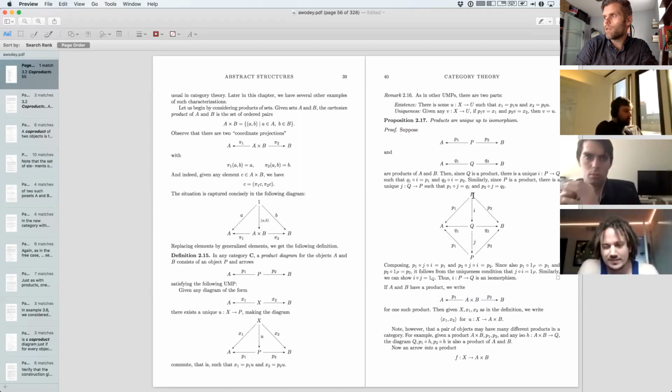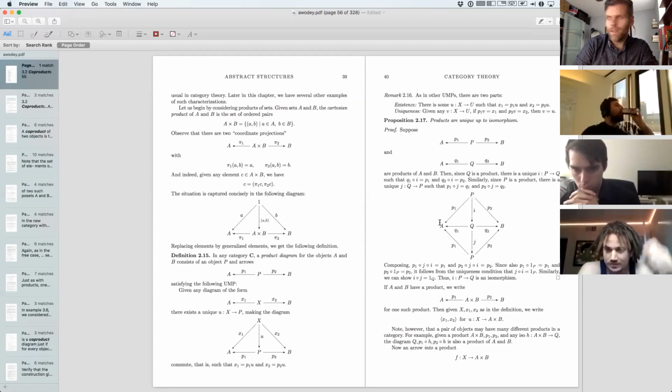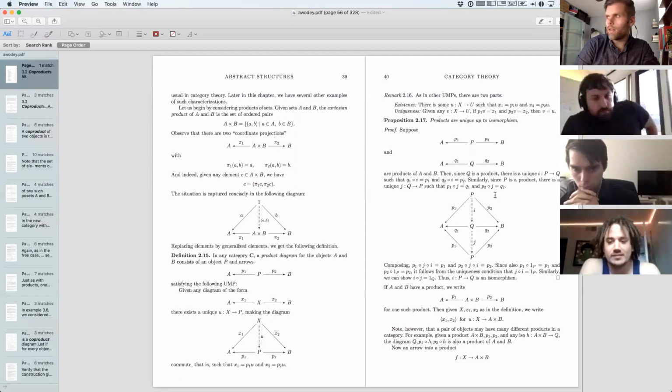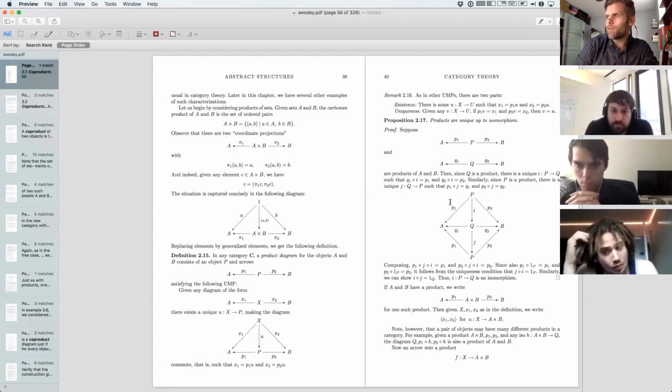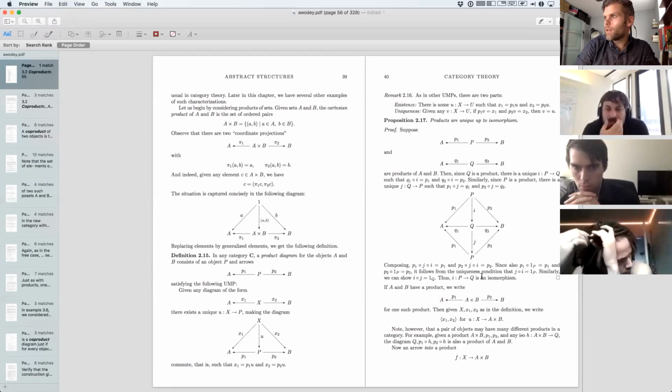So if that's the case, then I and J compose to the identity, because P1 compose, if I and J compose P1, right, going down the diagram and then up and to the left, if IJ P1 is the same as P1, then IJ is necessarily the identity, right? Because identity and P1 is also P1, right? So going down and up is the same as just going down from P to A, right? So I and J are necessarily identity, so they're inverses of each other. Therefore, P is Q. Okay.